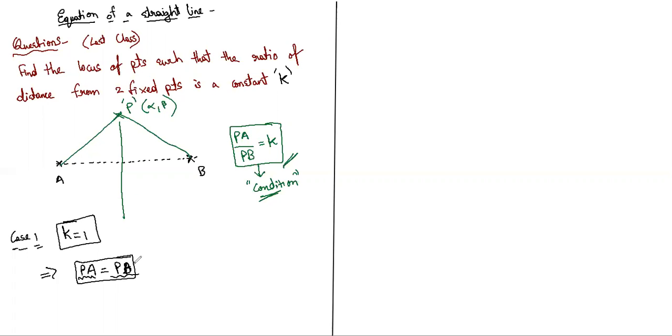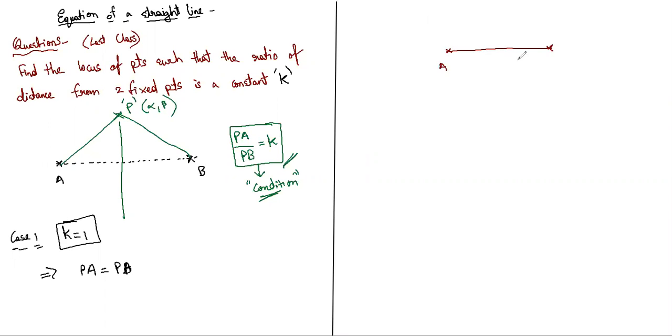We discussed this in the last class, remember? What is the locus of points which are equidistant from two fixed points? I told you it's very, very important.